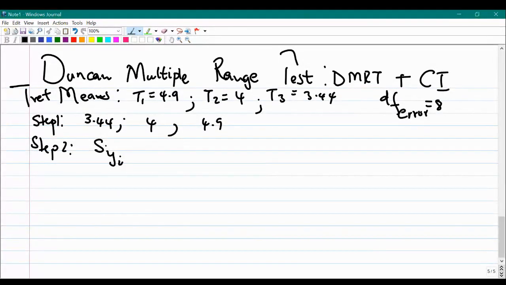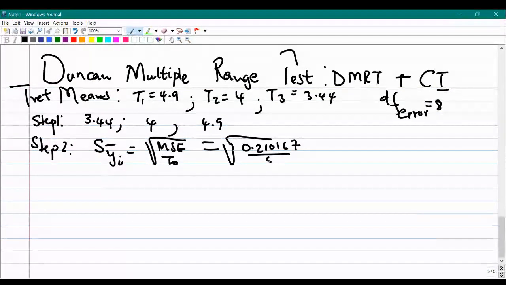Step 2: find the standard error. The formula is there. What is your standard error? I was told that it is the square root of 2.10167 divided by 5. We divide by b, right?